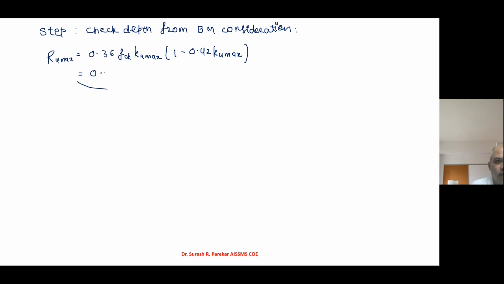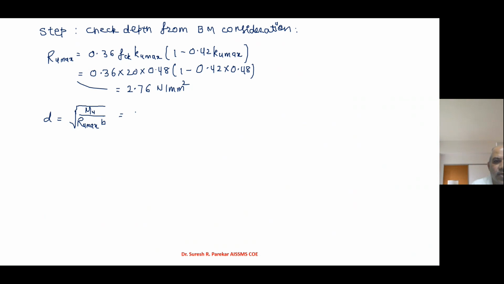So 0.36 into 20 into 0.48 into bracket 1 minus 0.42 into 0.48, and this value comes 2.76 Newton per mm square. From this we can find D, which is equal to root of Mu upon Ru max into B.